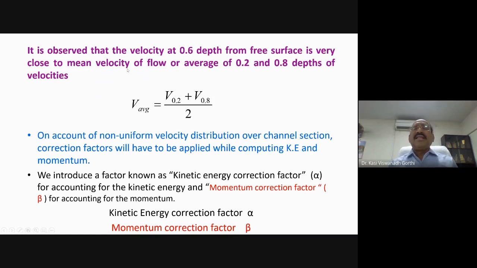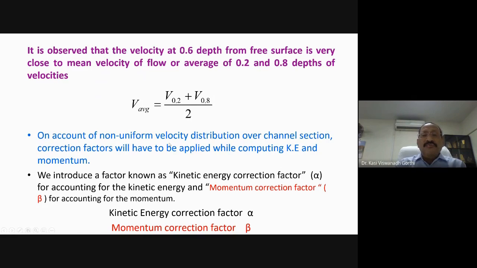Or you may take the average of the velocity at 0.2 y and the velocity at 0.8 y. Average velocity or mean velocity will be the velocity at 0.2 y plus velocity at 0.8 y divided by 2.